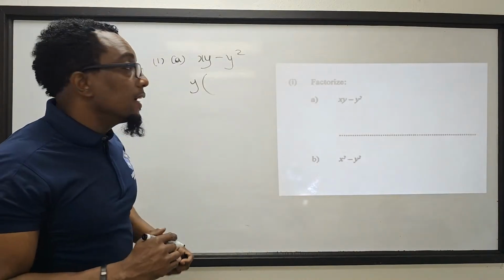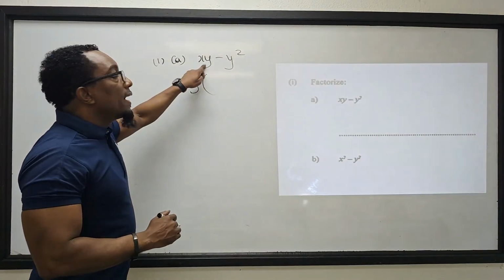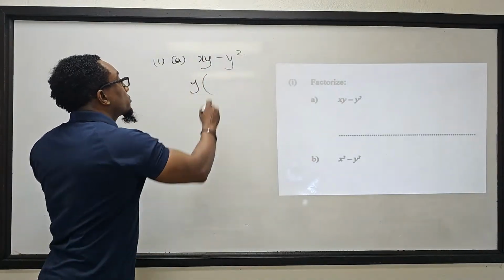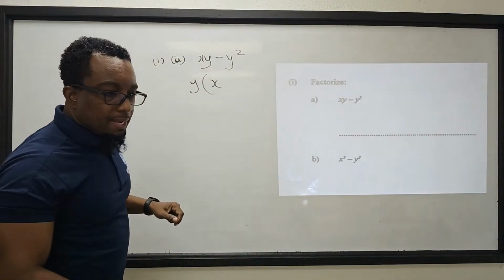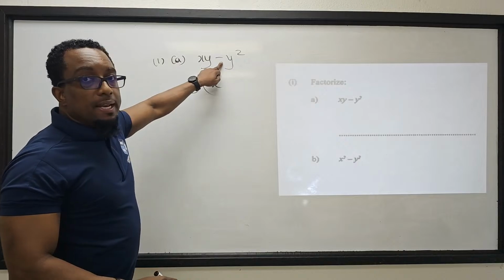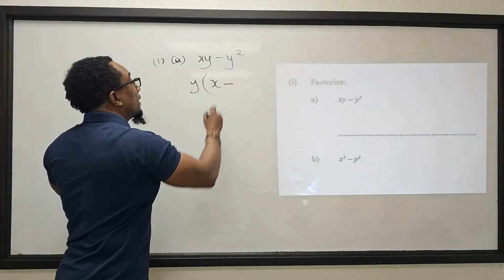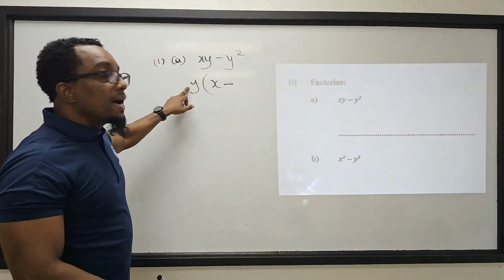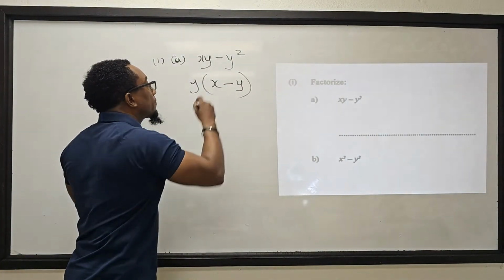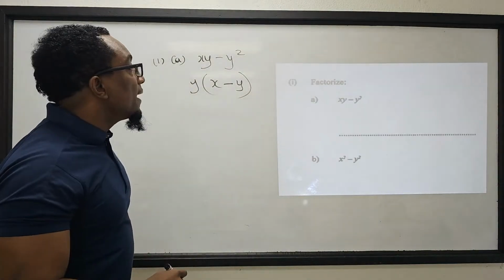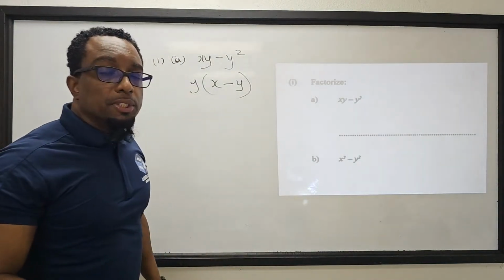I have my brackets, and let me divide. y into y is 1, and I'm left with x. And let me divide y into negative y squared, a minus divided by a plus is a minus. When I divide y into y squared, I get y. That is me factorizing the expression in A.